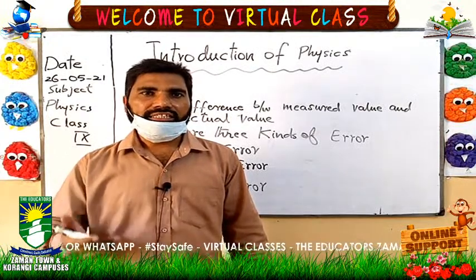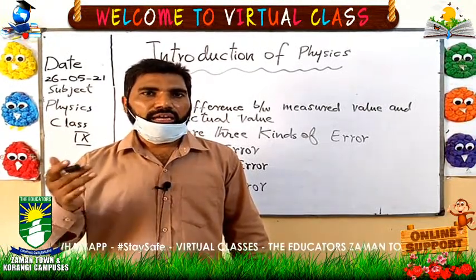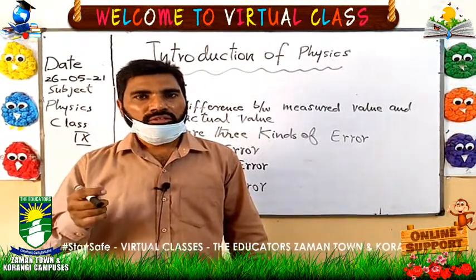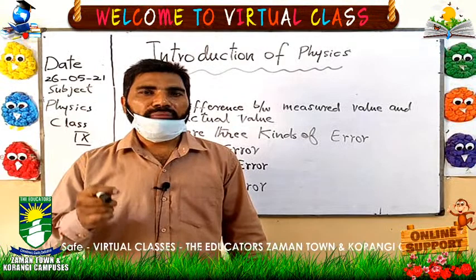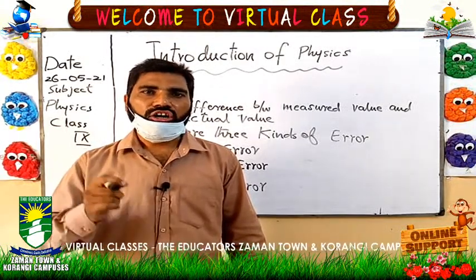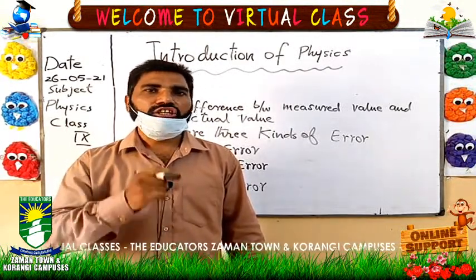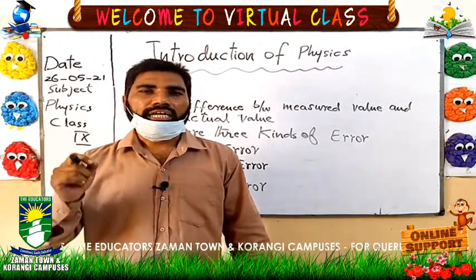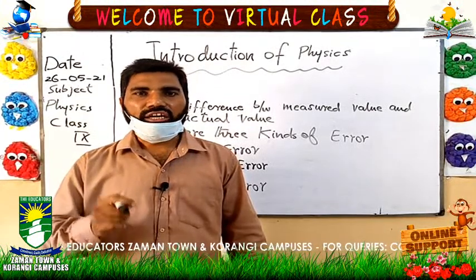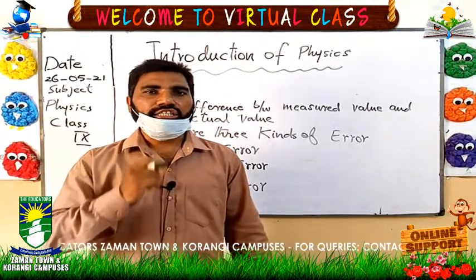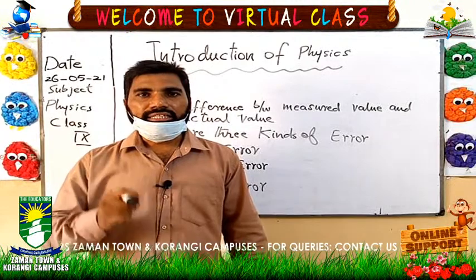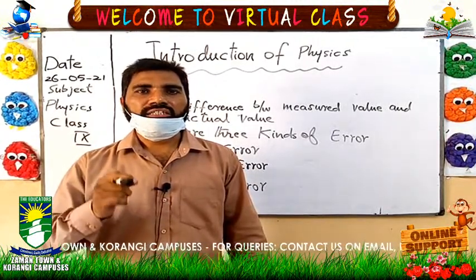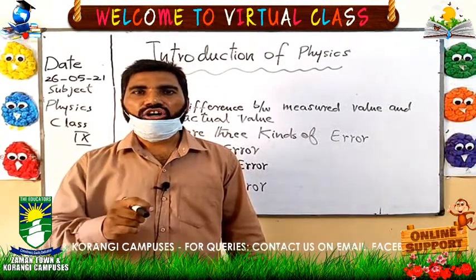These things affect the experiment, and whatever value we measure will be wrong. So this kind of error depends on the external conditions of the lab. It doesn't depend on the experimenter, and it does not depend on the instruments. This kind of error can be minimized by maintaining certain conditions in the lab.